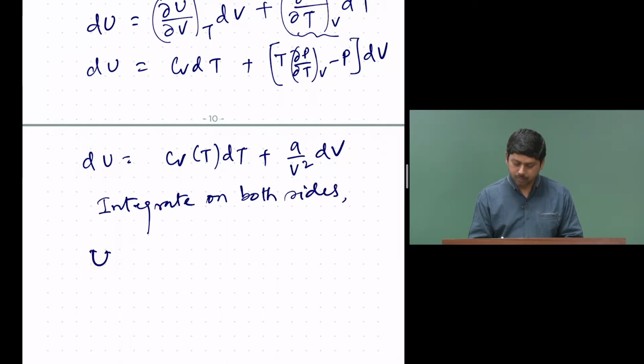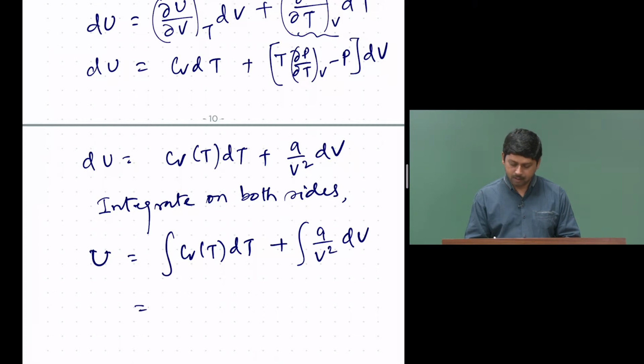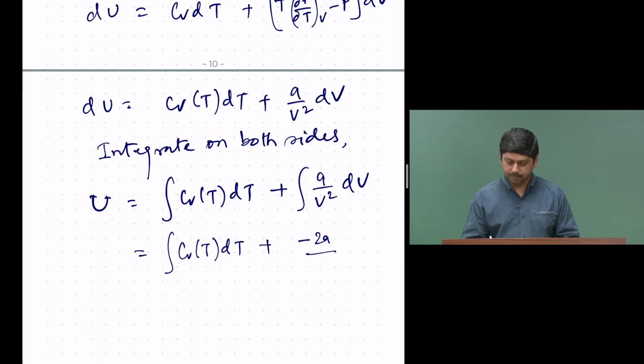This gives U as the integration of C V(T) dT, plus the integration of A by V square dV, and so C V(T) dT plus, now this will give us minus 2A, minus 2 plus 1, by V, plus constant.